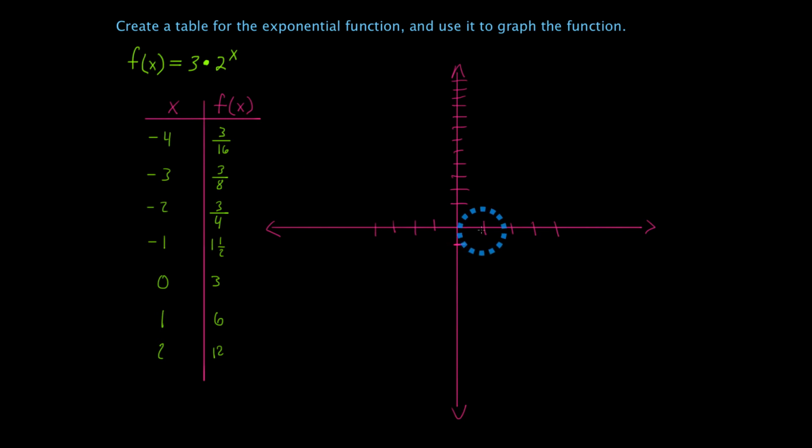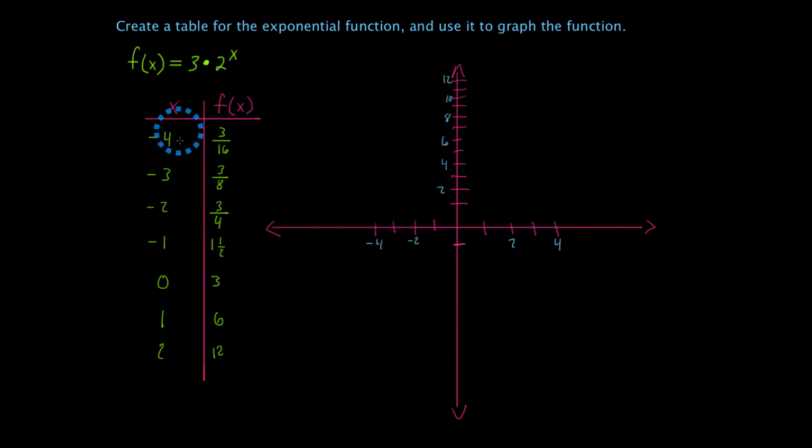Now I'm going to label my scale here: 1, 2, 3, 4, -1, -2, -3, -4, and up the y-axis 1, 2, 3 and so on up to 12 at that very top tick mark. Let's go ahead and graph these ordered pairs.